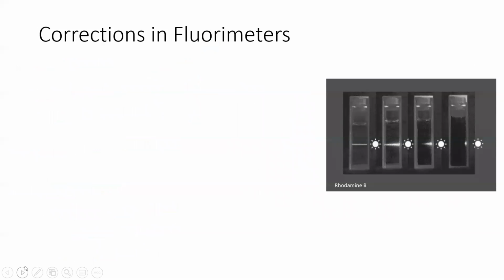Okay, so issues with polarimetry, right? There are some, and so we have to take these into account. The first two are issues that are largely corrected with software that's built into the instrument, and so you as a user don't really have to think about it a whole lot. The first is the detector correction.